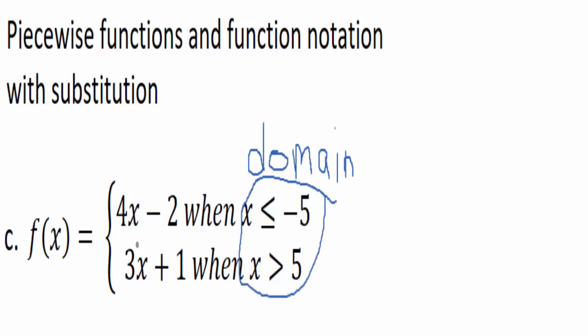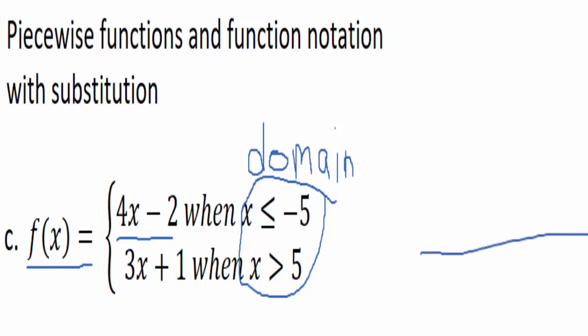So the domain of the first function, f of x equals 4x minus 2, is x is less than or equal to negative 5. That means that x is only smaller than or equal to negative 5. It could be negative 10, negative 20, and so on and so forth.